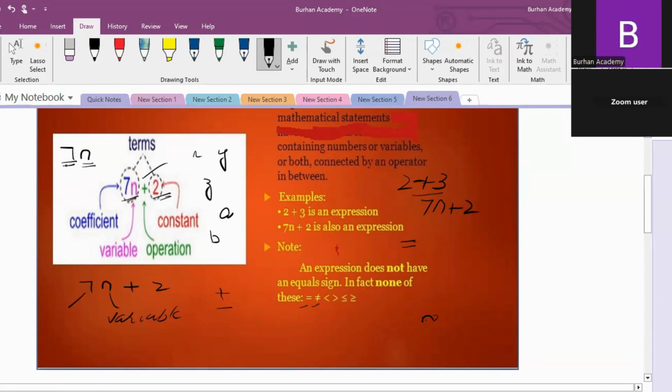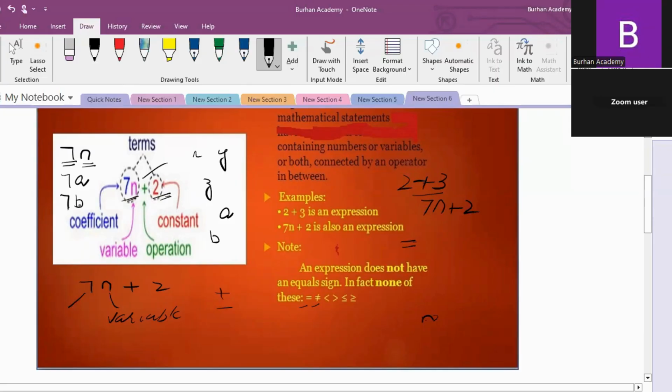Instead of writing 7n, I can write 7a or 7b. All of them mean the same thing.